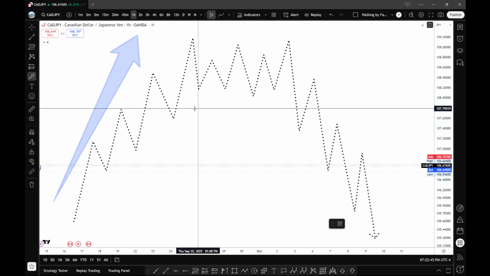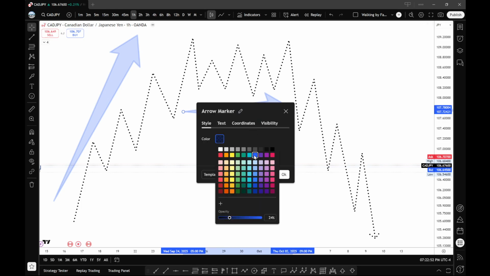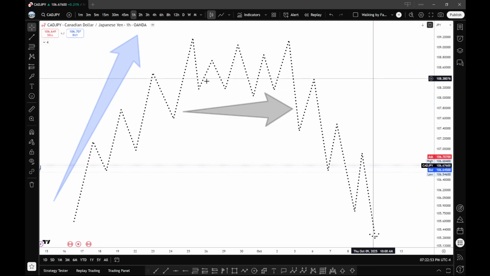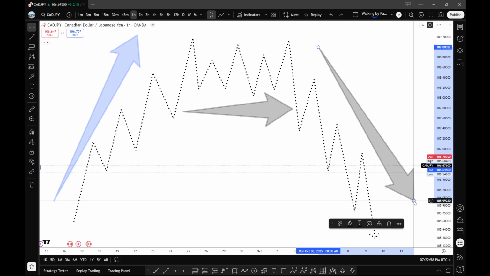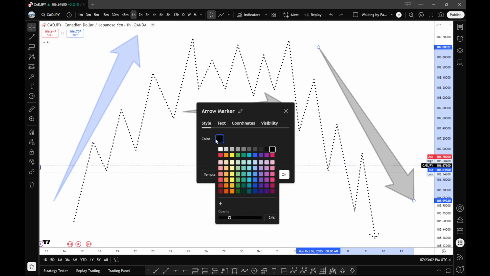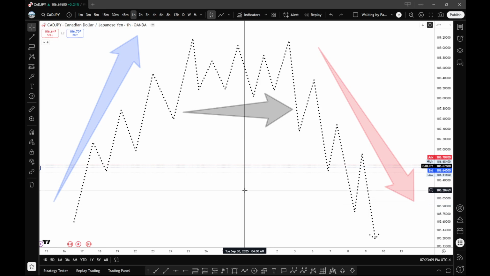Then we have our consolidation, also known as ranging. So I'm gonna put that black. And then we have our downtrend, which is red. Boom. This is considered market structure, the market cycle.